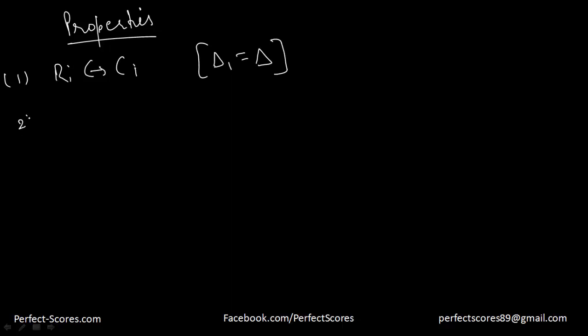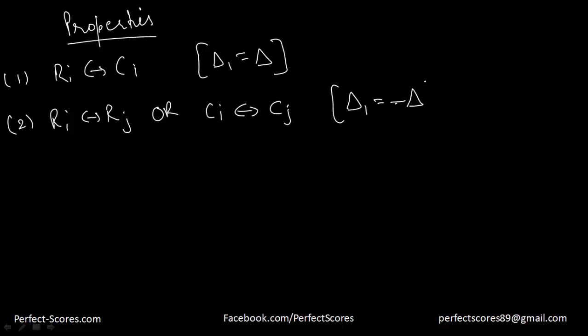The first property was that if I interchange all the rows with all the columns, the value of the determinant remains the same. The second property was that if I interchange one row with another row, or one column with another column, the sign of the determinant is going to change, while the magnitude of the value remains the same.